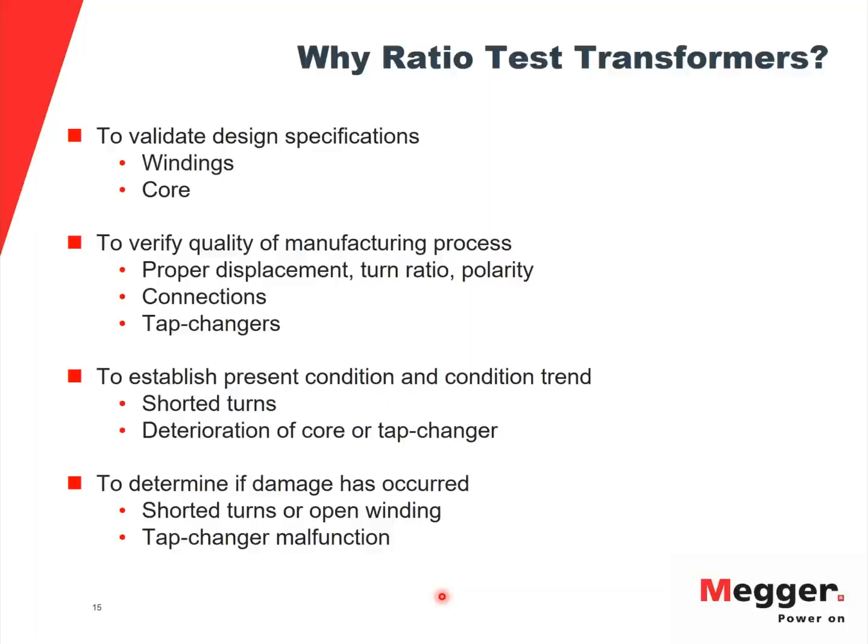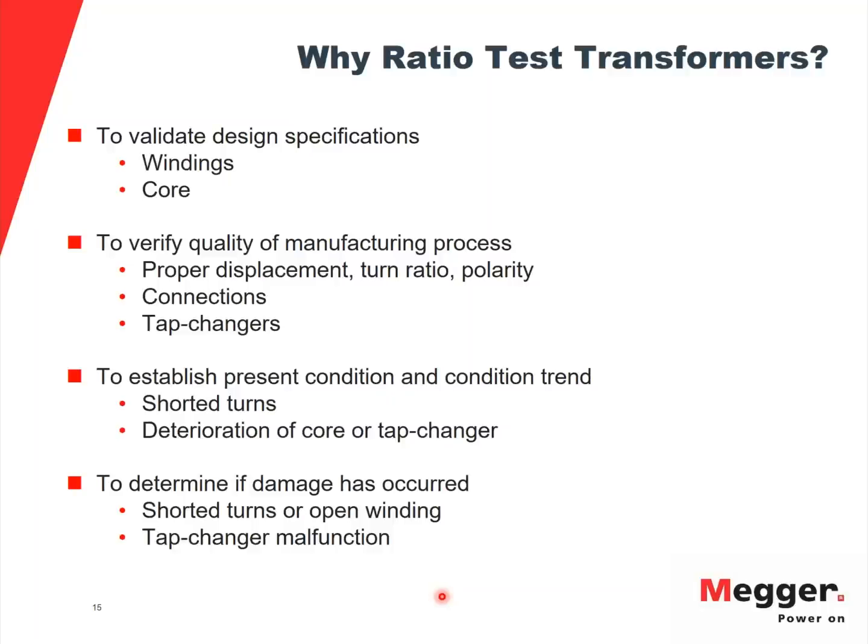You also want to make sure that it was designed accurately, as well as verify the quality of the manufacturing process, which includes making sure that the turns ratio is correct, polarity is correct, and the connections and the leads coming from the main winding to the regulating winding for the tap changers have been done correctly. So those are the things you can verify with the turns ratio test.